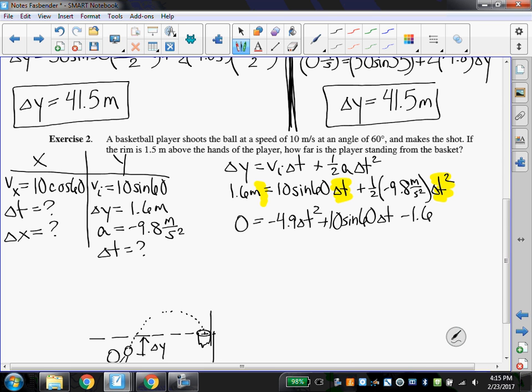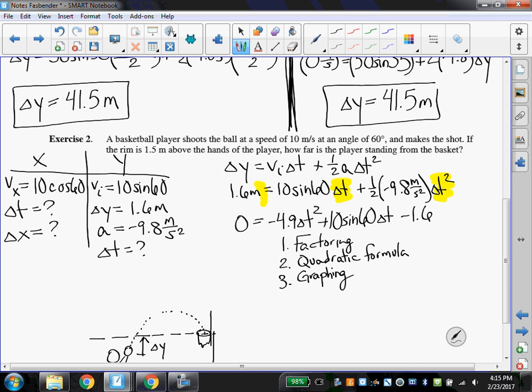Now, there are a couple ways that you can solve quadratic equations, right? Number 1, you could do factoring. Number 2, you could use the quadratic formula. Or number 3, you could solve this by graphing. Now, I have to tell you, only 2 of these 3 methods for solving quadratic equations is going to work consistently in this class.